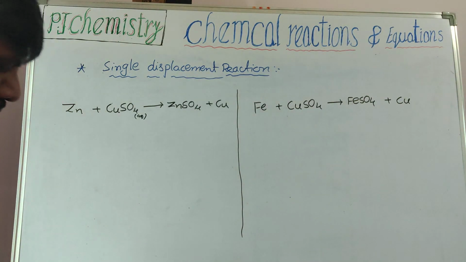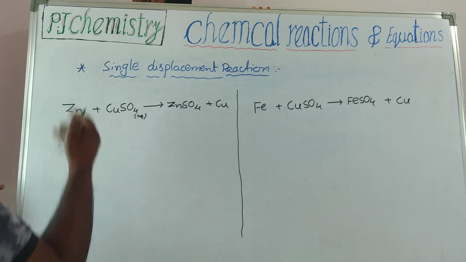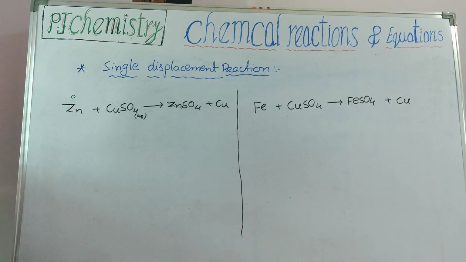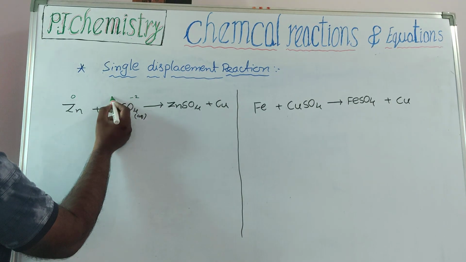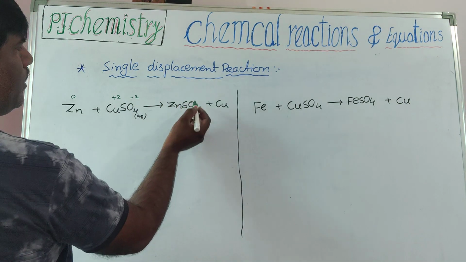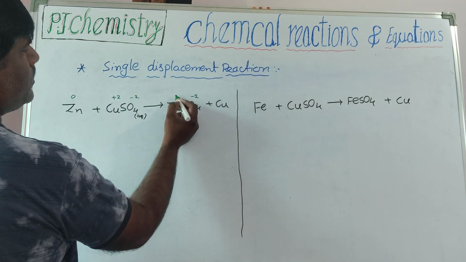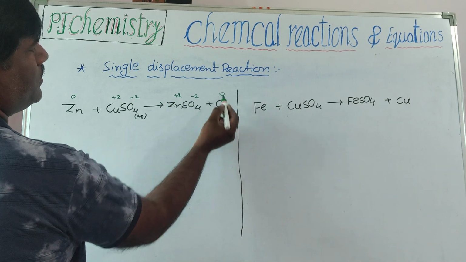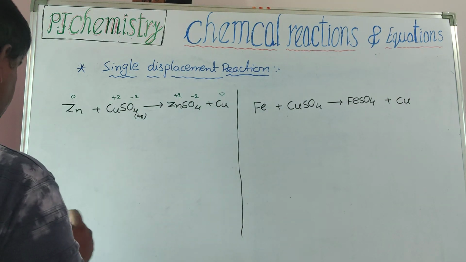See here, zinc is in elementary form, so its oxidation number is 0. Sulfate ion is -2, copper is +2. Next, sulfate ion is -2, zinc is +2. Copper is in elementary form here, 0. Now observe the changes in the oxidation number.